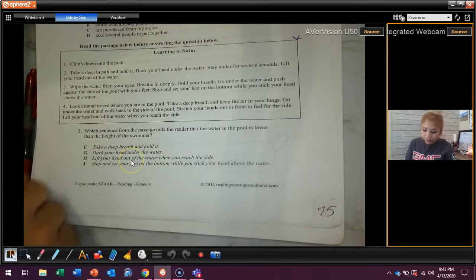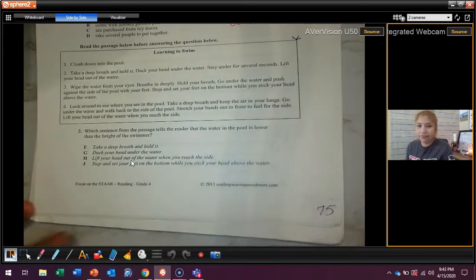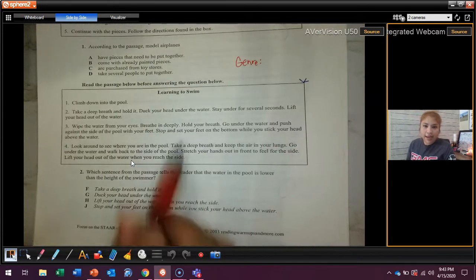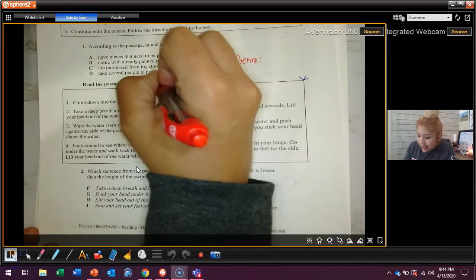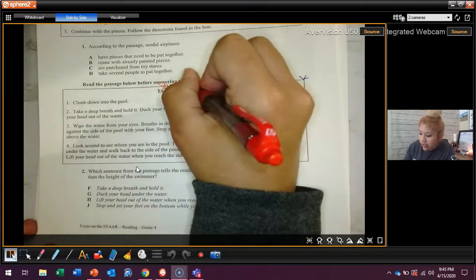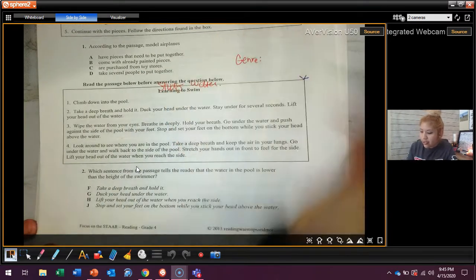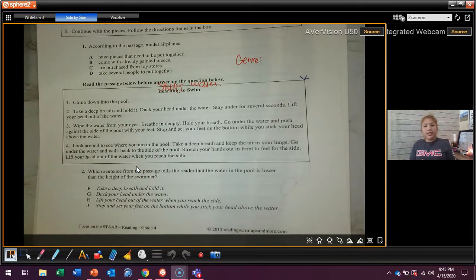So let's go back. So learning to swim. I'm going to write here genre. And I see a title, learning to swim. So when you learn, what is it you do? What can we do as a synonym for learning? So we can write study. And swim has to do with water. So I know this whole selection has to do with studying water or swimming with your techniques.